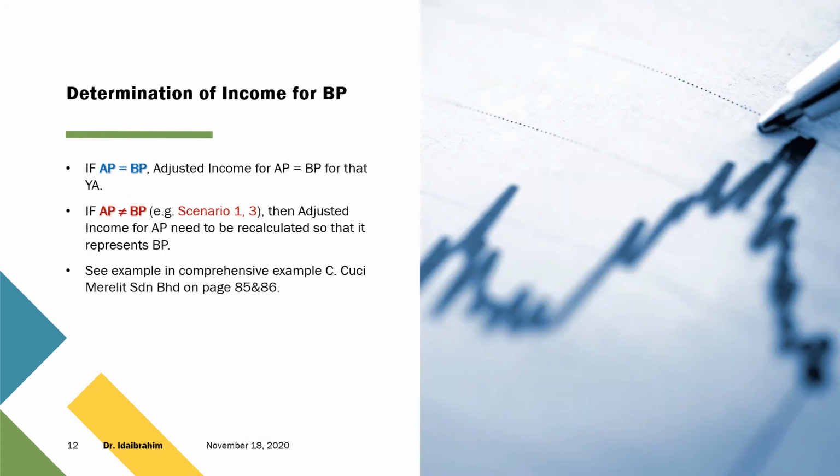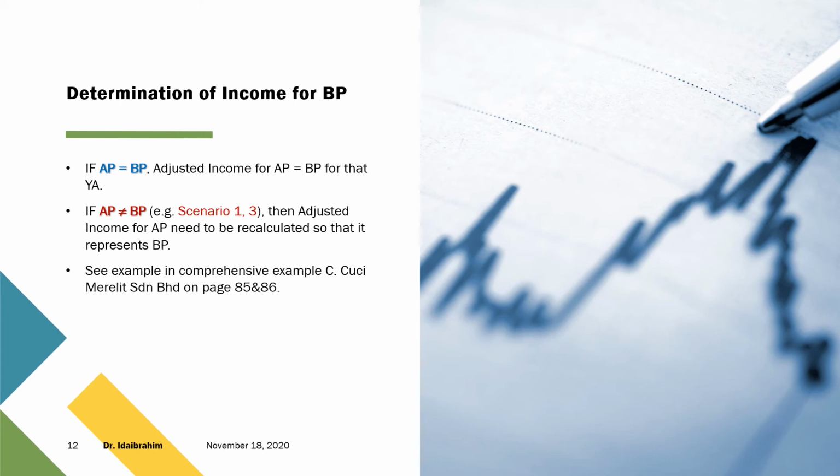Next is how to determine the income for the basis period. Since the accounting period is probably similar to the basis period or different from the basis period, we need to adjust the accounting profit to adjust the income in taxation and then divide accordingly to the basis period in that year of assessment.